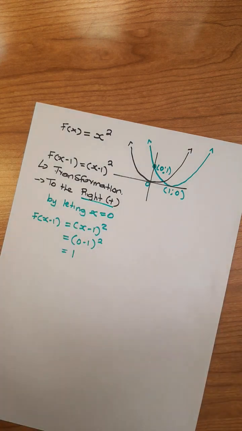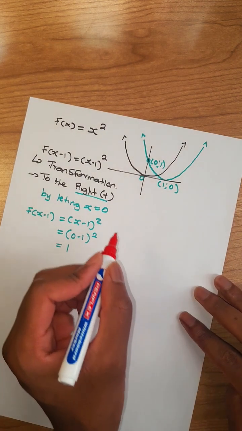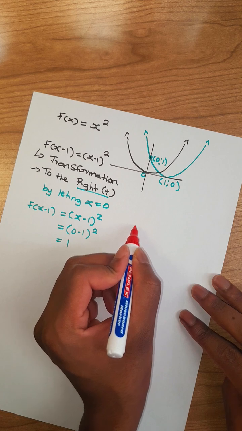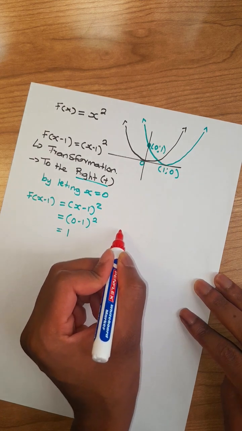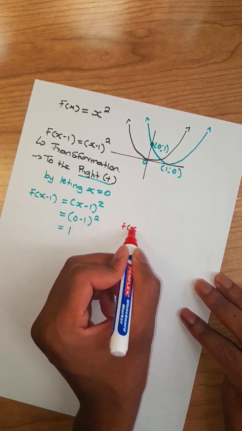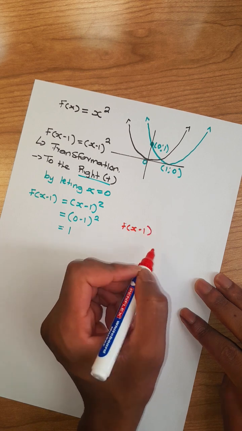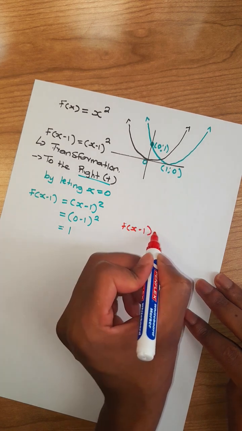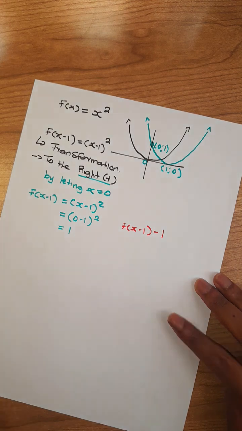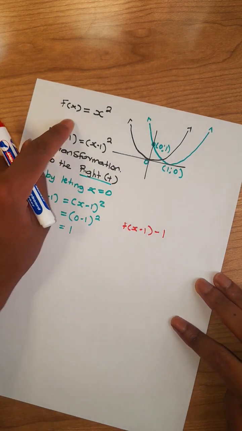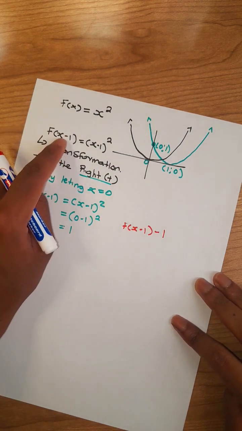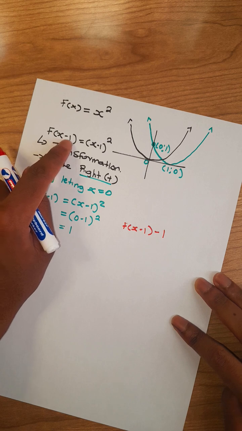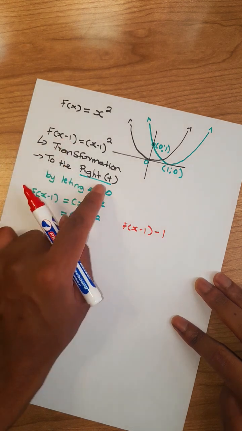But let's say they do something interesting. Let's say they come to you and say, now we have f of x minus 1, but we are also minusing 1. We did this at first: we said it is f of x minus 1, and it is going to shift 1 unit to the right.